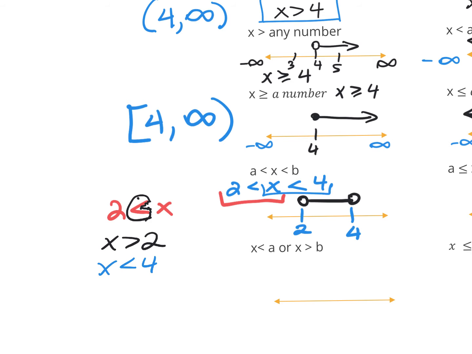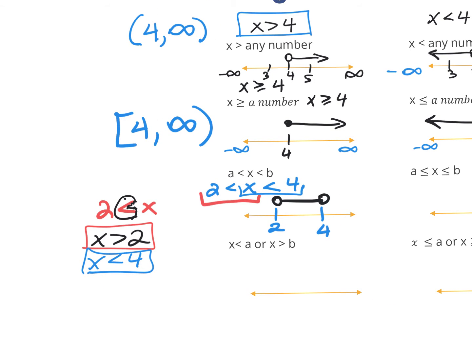And then what you're going to be actually finally graphing is the overlap. So actually, let me do this one in red and this one in blue, and then the black will be what overlaps. So if I put the open circle on the 4, pointing this way, and then for this one in red, open circle on the 2, pointing this way, where you see both the red and the blue, that's the final answer, which is what I did in black.